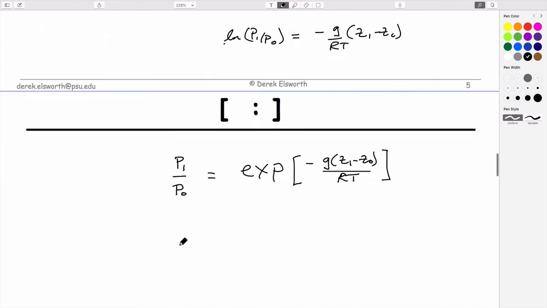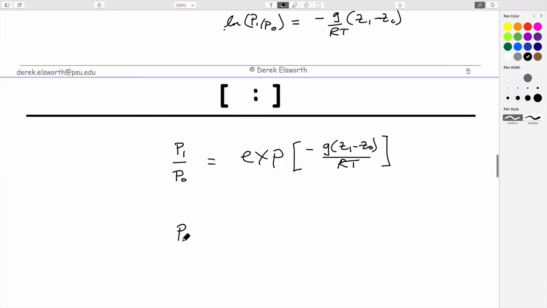And so if we want to just rearrange that, the pressure at point 1 is equal to our reference pressure, I'm just going to write out the same expression, minus gravity multiplied by the elevation difference with the right sign attached to it, divided by the gas constant for that particular gas, temperature.